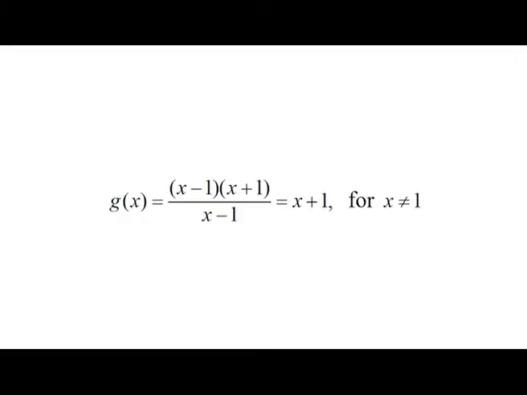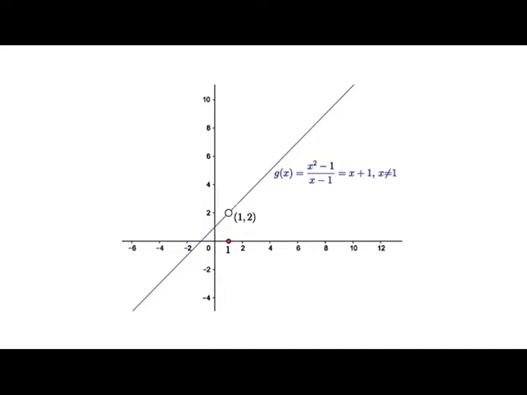For any x not equal to 1, we have x minus 1 not equal to 0 and hence division by x minus 1 is possible, and we have the simplification g of x equal to x minus 1 into x plus 1 upon x minus 1, equal to x plus 1 for x not equal to 1. Thus, the graph of g is the line y equal to x plus 1 with the point (1, 2) that corresponds to x equal to 1 removed, which is indicated by a hole as in the figure.